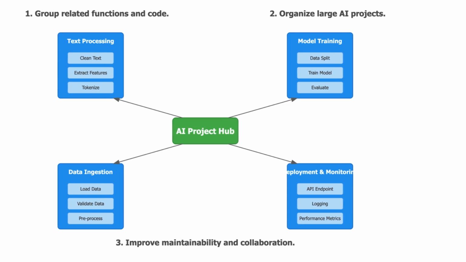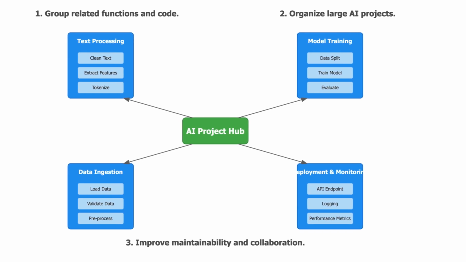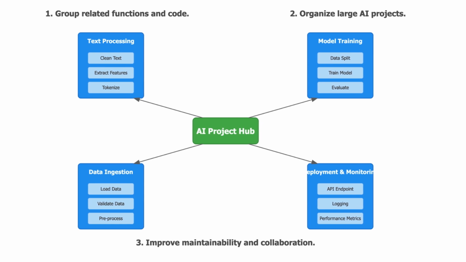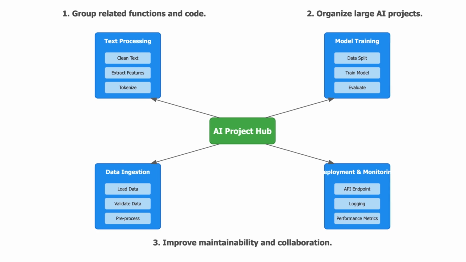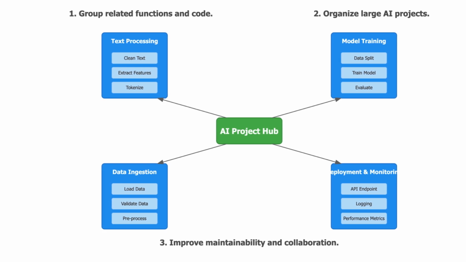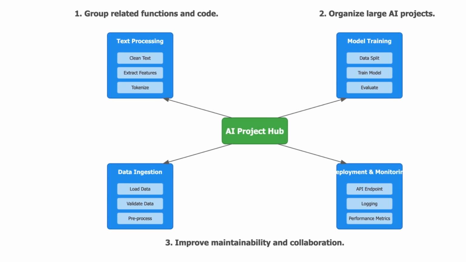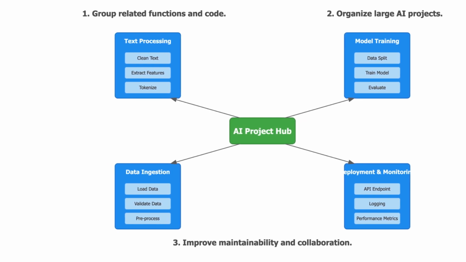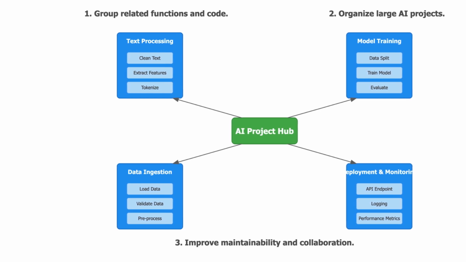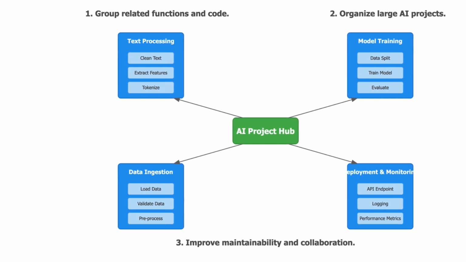For instance, in our text analyzer example, you might have a text processor.py module containing all functions related to text manipulation, like clean text, extract features, and calculate sentiment score. Separately, you could have a data validator.py module for functions that ensure data quality, such as check data types or remove empty entries. This organization is incredibly powerful.